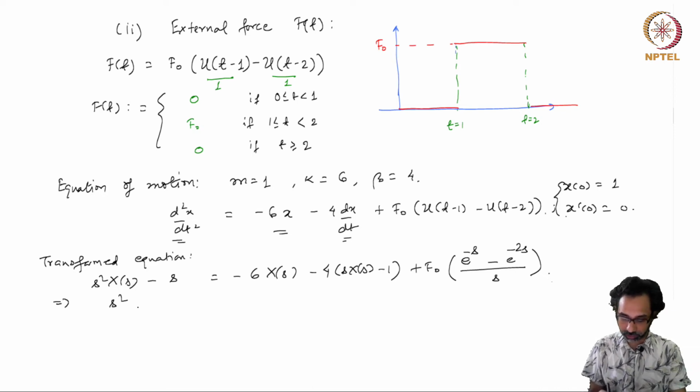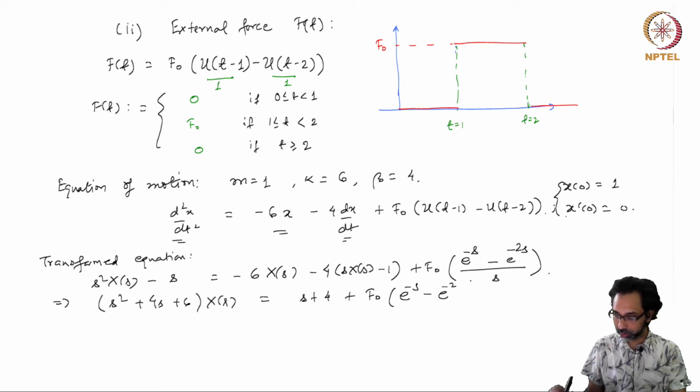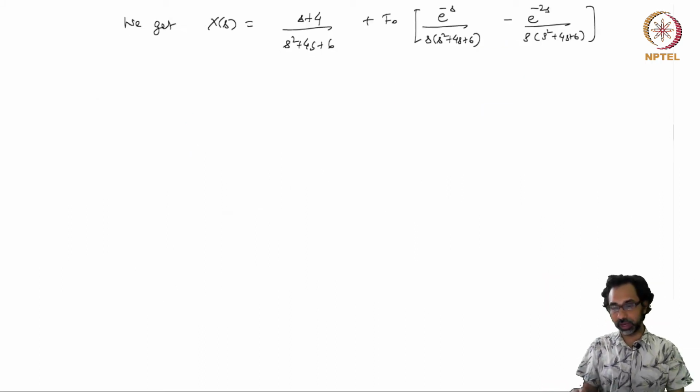So we get s square plus 4s plus 6 times Xs, and on the right side we will get s plus 4 plus f naught times e to the power minus s minus e to the power minus 2s over s. So if we simplify, we get the following expression for Xs.